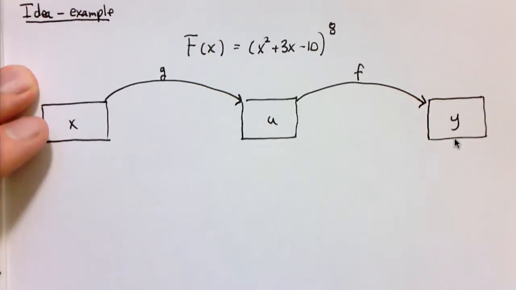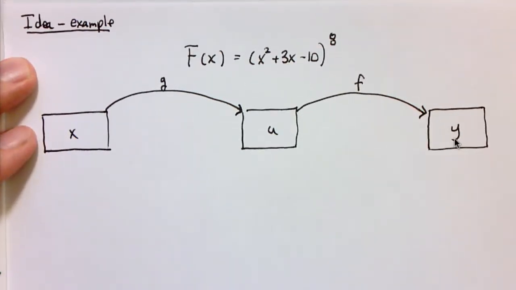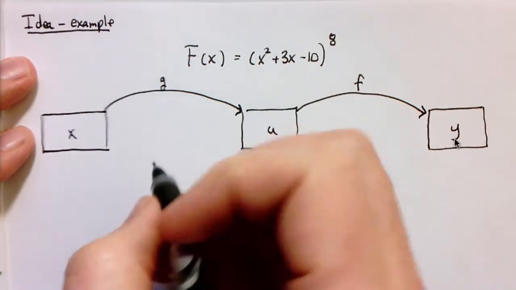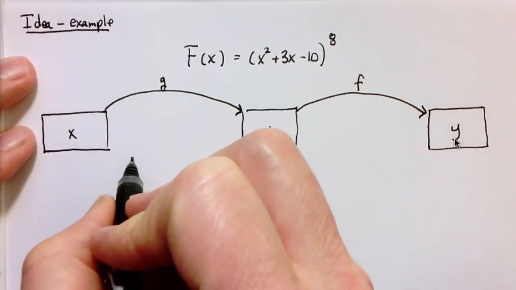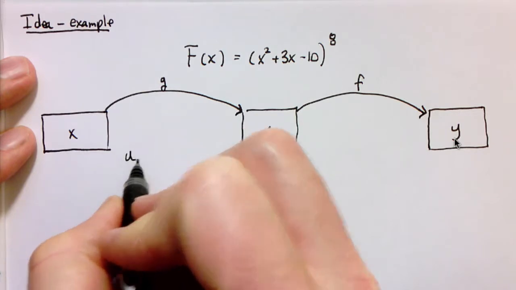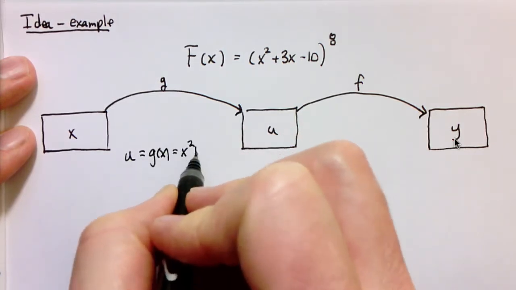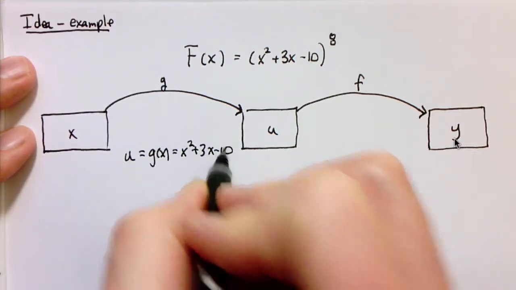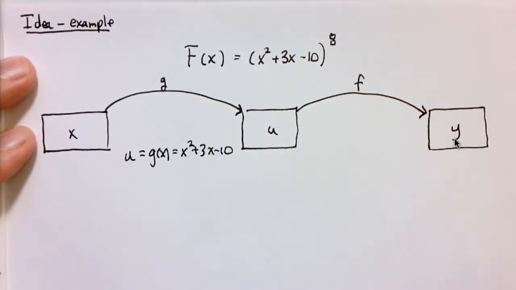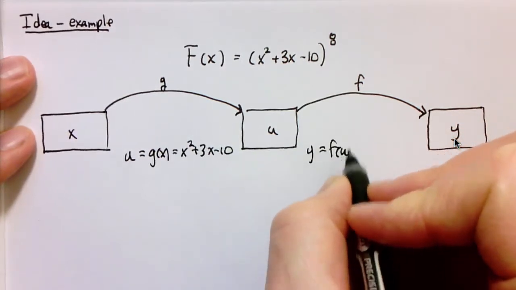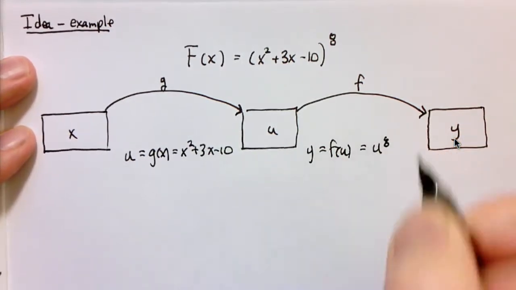Okay, so let's look at the idea in the context of this example. I have a composite function here. The inside function is what we do first to x. So we evaluate that quadratic, followed by the outside function, which is to take u to the 8th power.